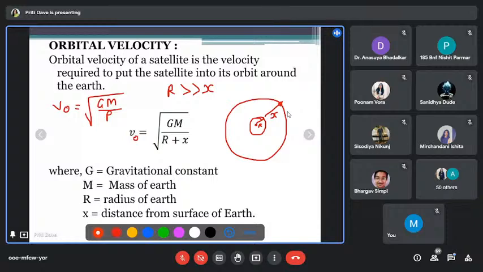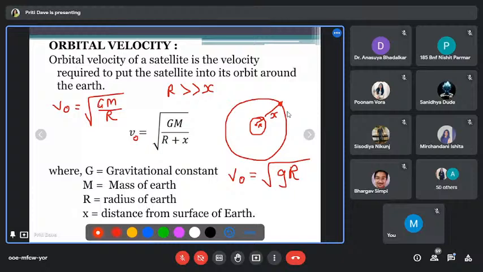Alright? And if it is very near, then you neglect x. But if you have launched a satellite which is far off, then you cannot neglect x, and then you'll have to use this formula. Now, if I want to use the equation in terms of gravity, I hope everybody will agree. Again, here it is GM by r.